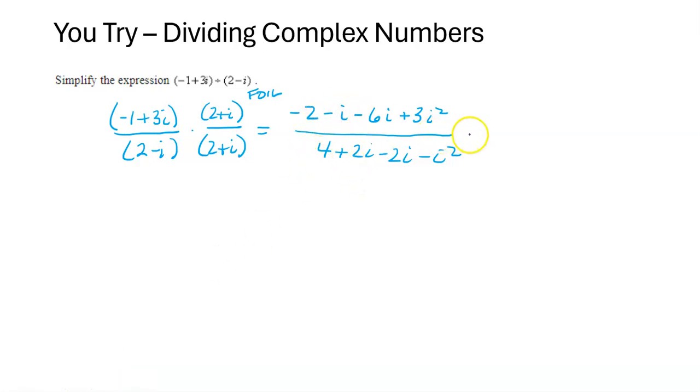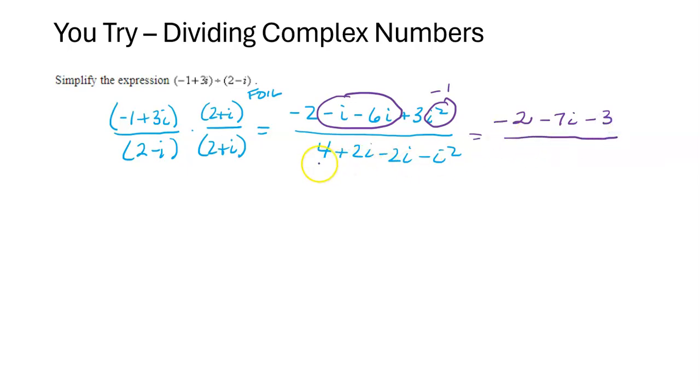So on the top, we're going to combine this. So we have -2. That's going to be minus 7i. This is negative 1, so this is minus 3 over, these are going to cancel, and I end up with 4 plus, remember this is negative 1, a negative 1.